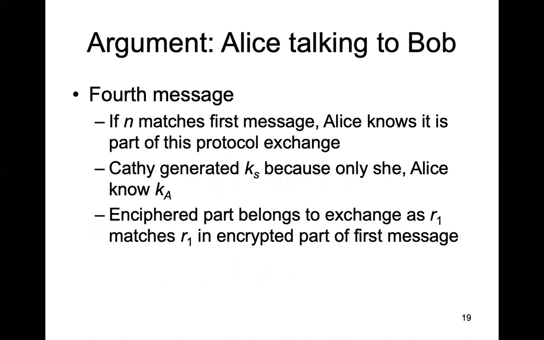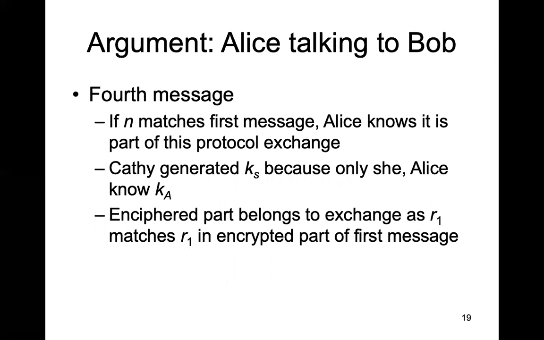Okay, so the security argument, as far as Alice talking to Bob is concerned: if this value N matches the first message, Alice knows that it's part of the protocol exchange. And she knows that Kathy generated KS because only she and Alice know this KA, and the encrypted part, which belongs to the exchange, the R1 matches whatever was sent in the first message.